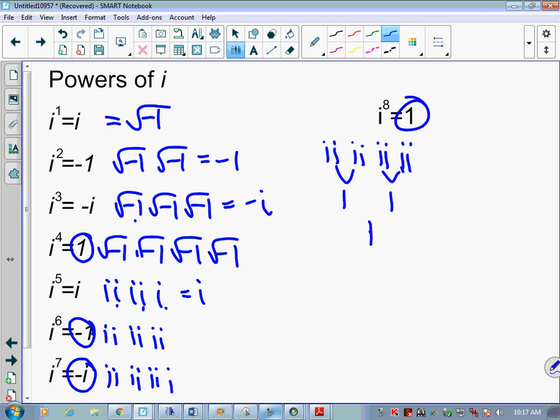So anytime I have a 4 as a factor of that number, then I'm going to get 1. If I have an even number like 6, but 4 is not a factor of it, I'm going to get negative 1. And if I have an odd number, like 1, 3, 5, 7, they're going to alternate between i and negative i.